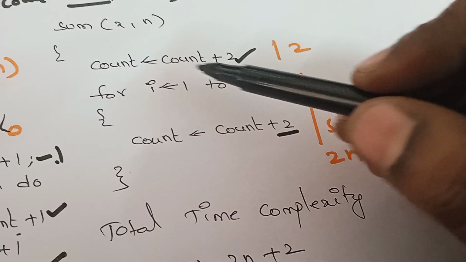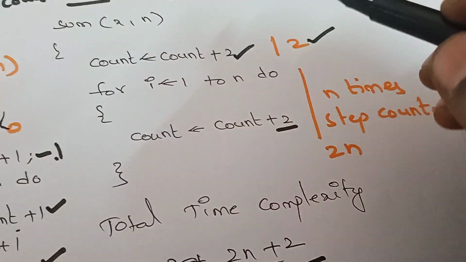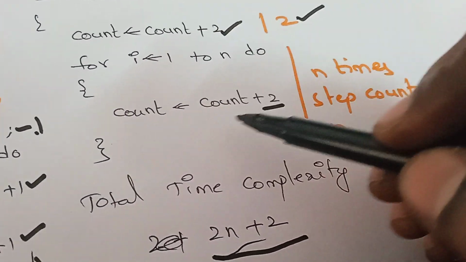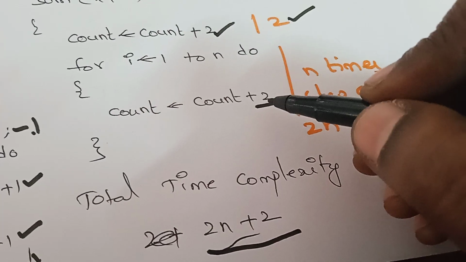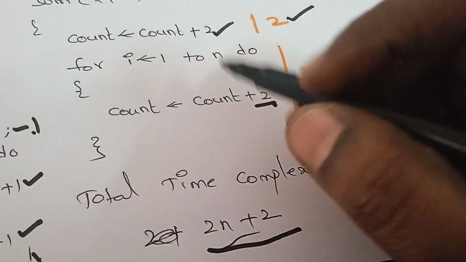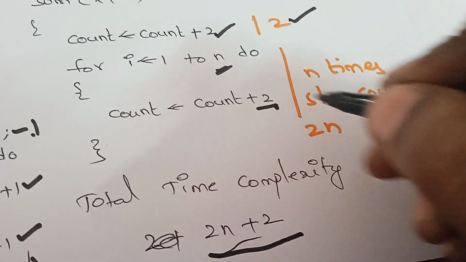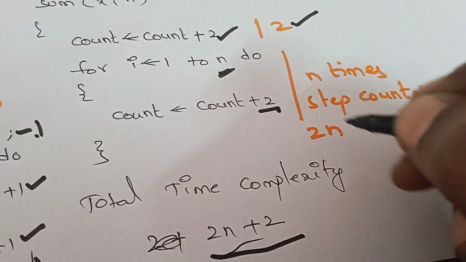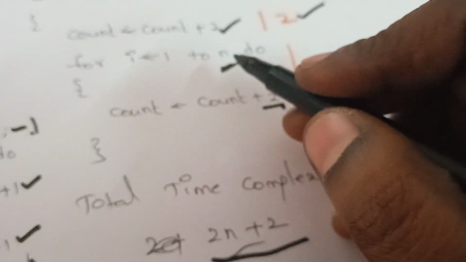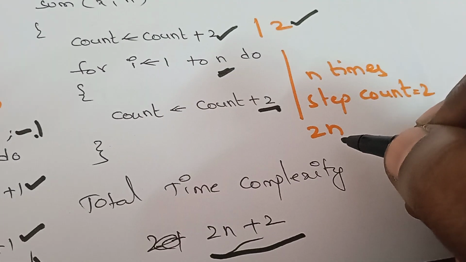As it is a step count of 2, we need 2 cycles of time to execute this SLOC, right? Now my count has been increased by 2, but how many times do I have to do this operation? N number of times. If it is count plus 1, then it would be of n only. As it is count plus 2, my loop repeats for n times and my step count is 2, hence it is 2n.